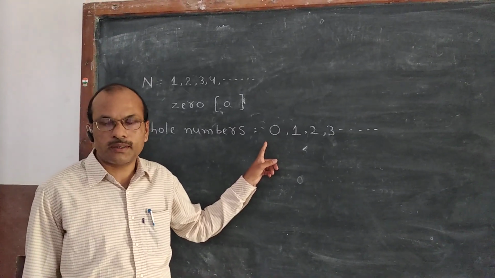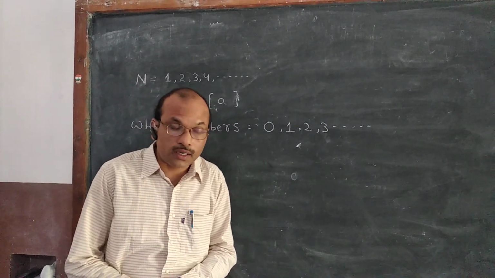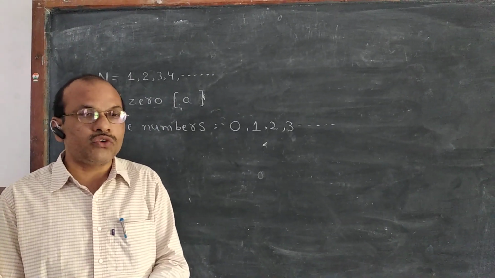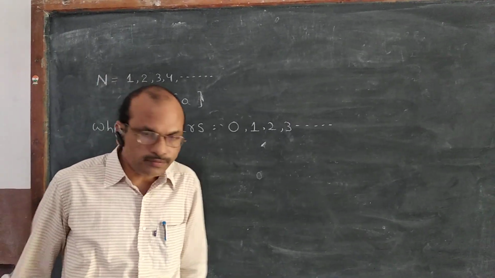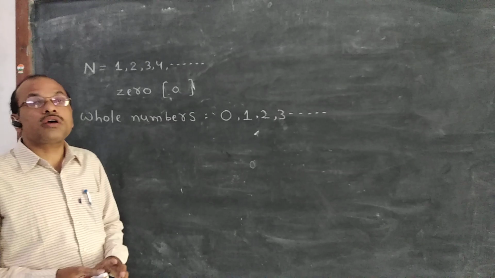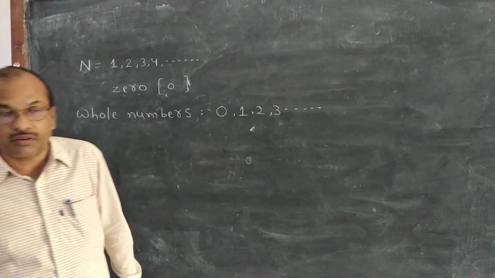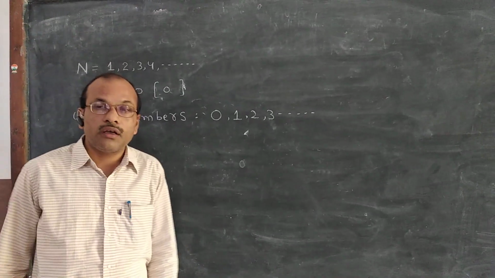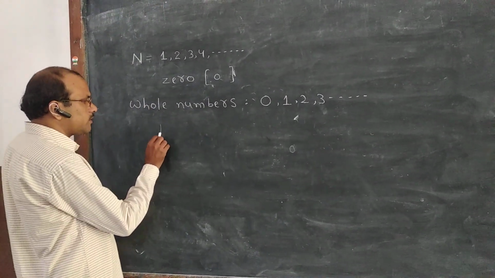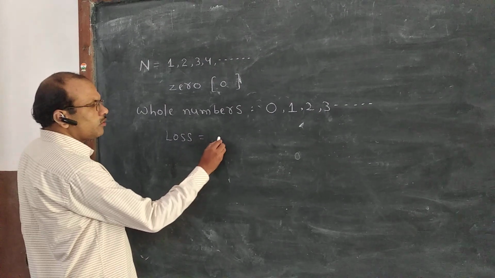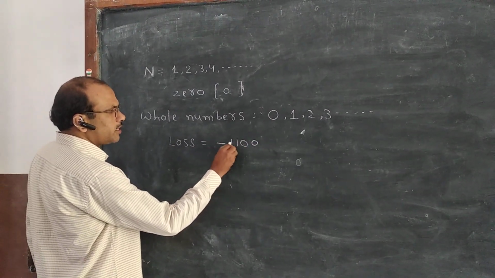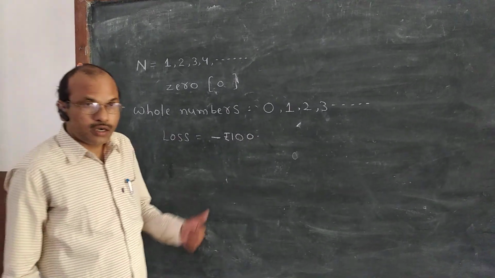But there are certain examples where we have to express other views. Suppose a loss took place in any business or any place. A 100 rupees loss can be expressed with minus 100. Minus 100, that is a 100 rupees loss.